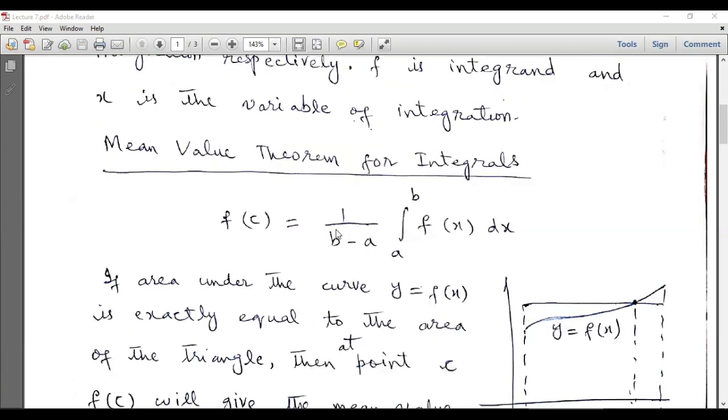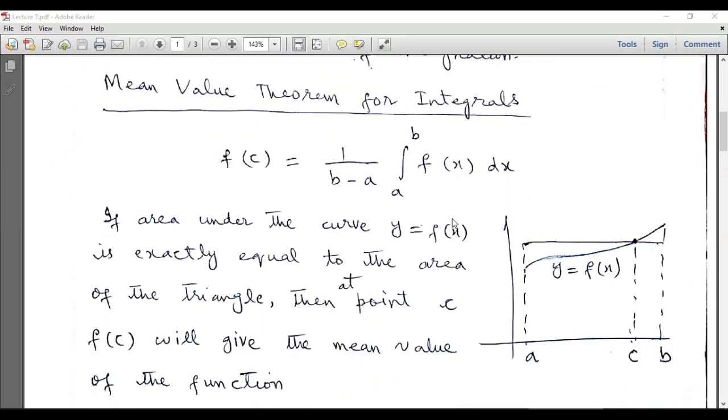The mean value theorem says that the integral of f of x dx from a to b, after dividing this answer by b minus a, gives us the mean value. So this is the function y is equal to f of x, defined from a to b, and the mean value of this function will lie somewhere over here.